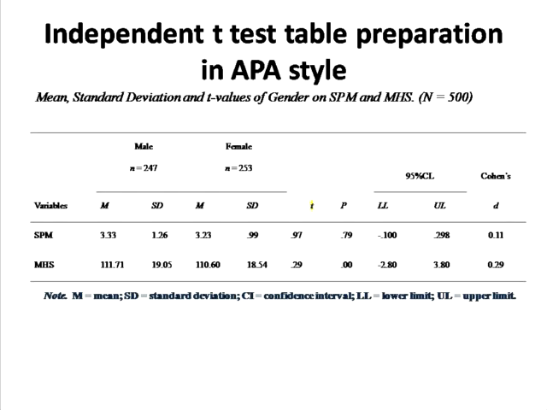The 95% confidence interval we write in APA style: draw a line, first write 95% CI. After writing 95% CI, you draw a small line, then in the next row you write LL, lower limit, and UL, upper limit, and right here the confidence interval for SPM.